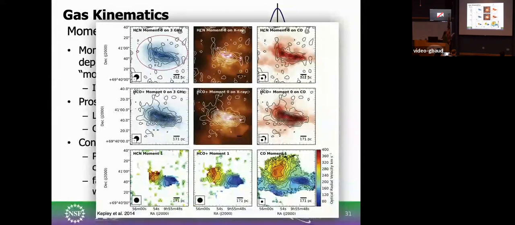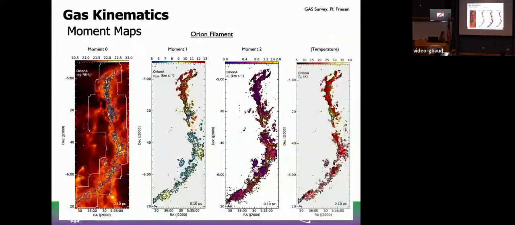And on the top, she's done a comparison with 3 gigahertz X-ray and then CO, using contours to show where the HCN moment 0, that integrated emission, is located relative to these other multi-wavelength studies. So this is a nice way that you can do a comparison using moment maps.